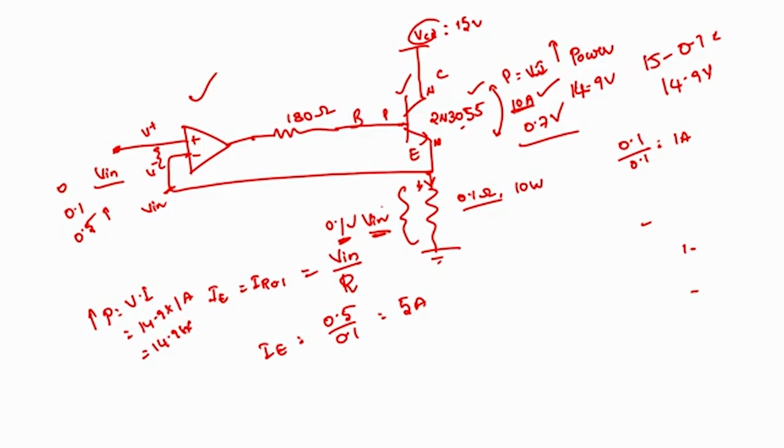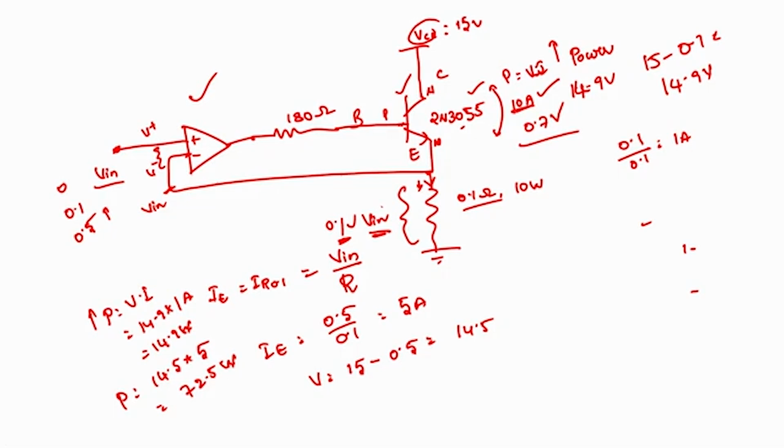So, when we calculate the power at this point, the voltage drop across collector and emitter is 15 minus 0.5, which is 14.5. The power is 14.5 into 5 amps, so it is somewhere around 72.5 watts approximately.